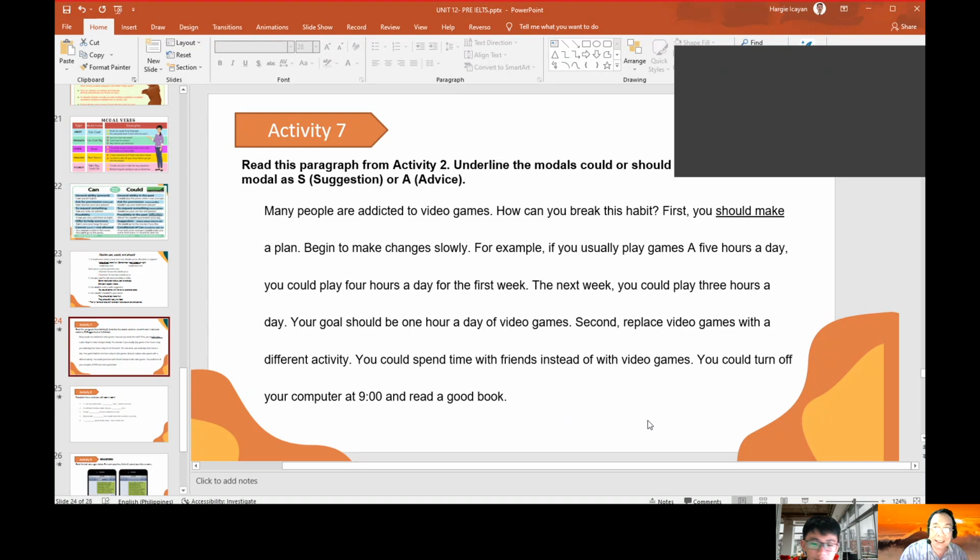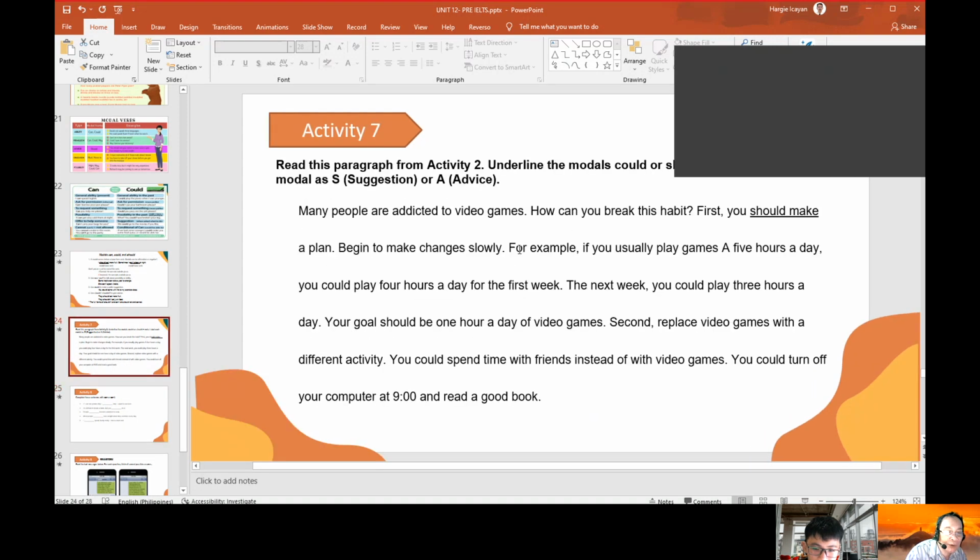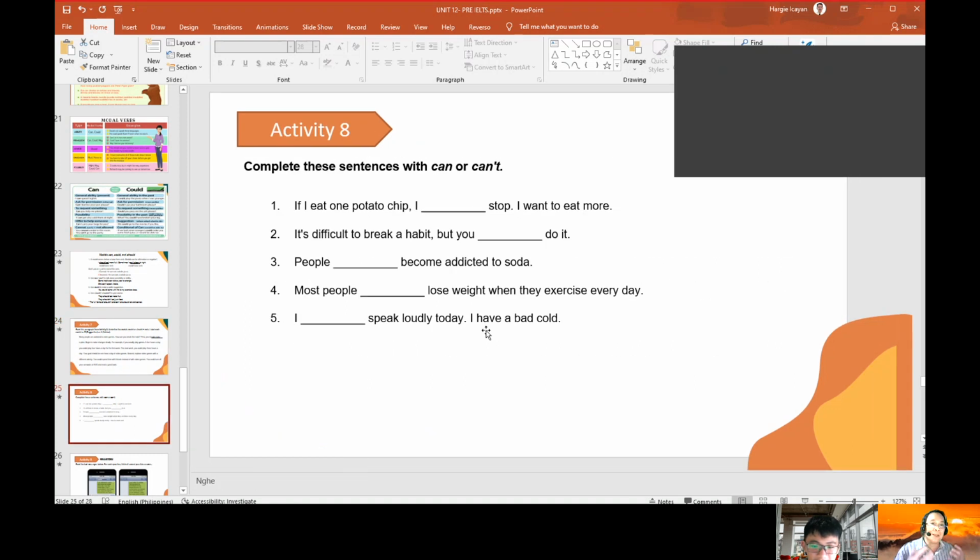Again, could can be used as a suggestion and should can be used as an advice. So that's the difference between the two. Okay, moving on. Do you have questions with this, Koi, before we move on? No question. Okay.